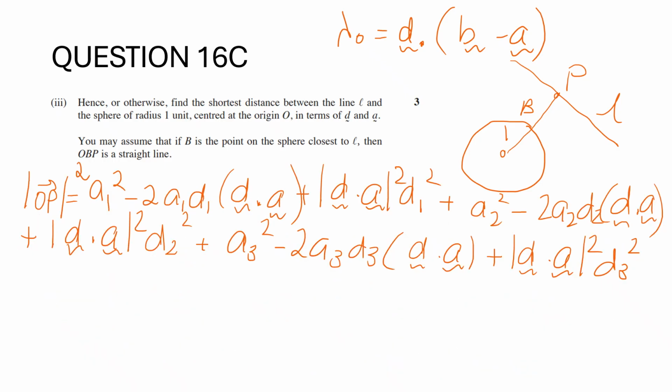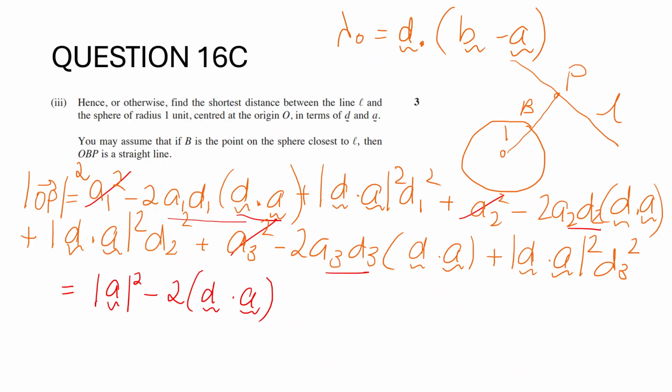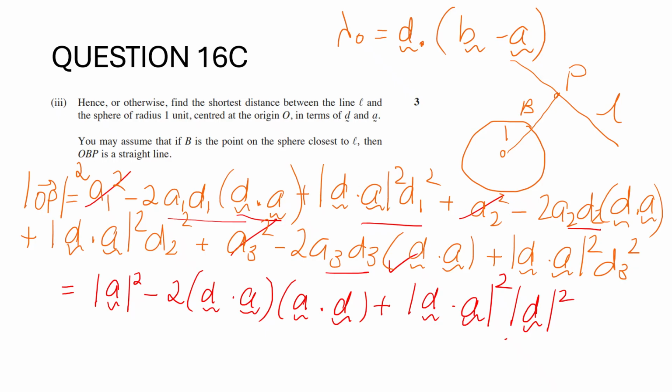So I have A1 squared plus A2 squared plus A3 squared, which is the magnitude of A all squared. So that's all of those accounted for. Now these here, I've got minus 2 lots of this dot product, D dot A, and then I've got A1 D1 plus A2 D2 plus A3 D3, which of course is the dot product A dot D. So they're all done, and then it leaves me with these guys, which is plus D dot A all squared multiplied by D1 squared plus D2 squared plus D3 squared, which is magnitude of D all squared, which is equal to 1.